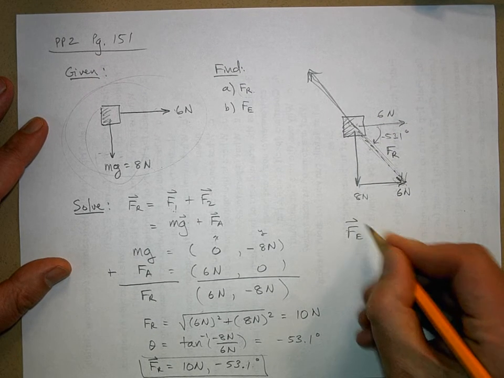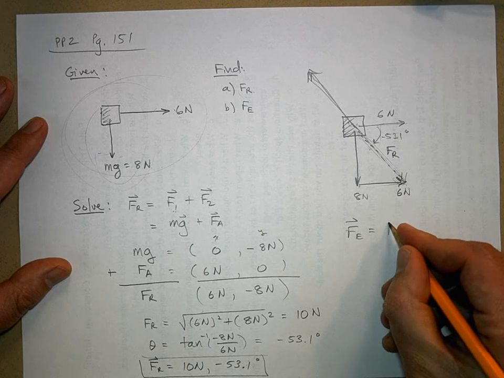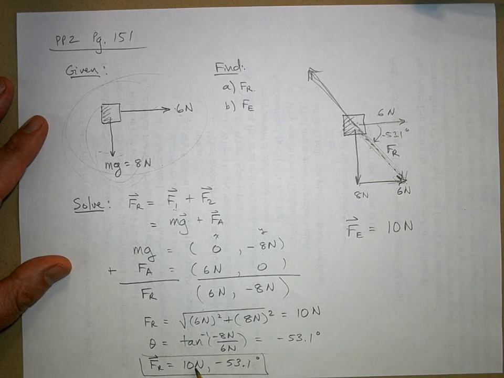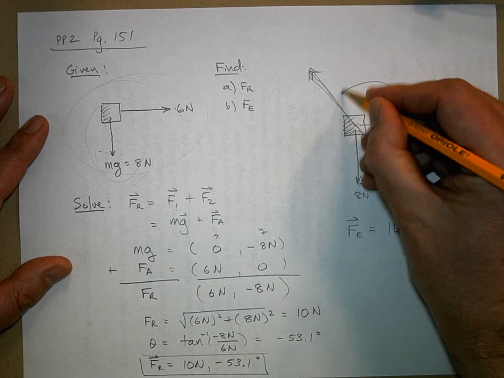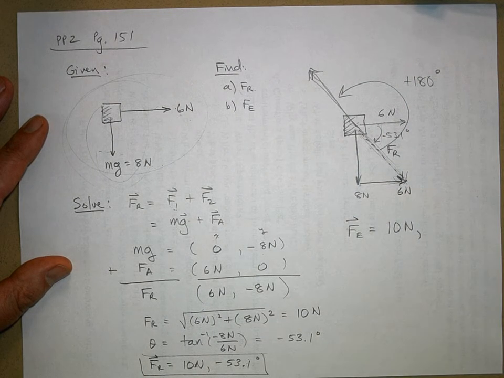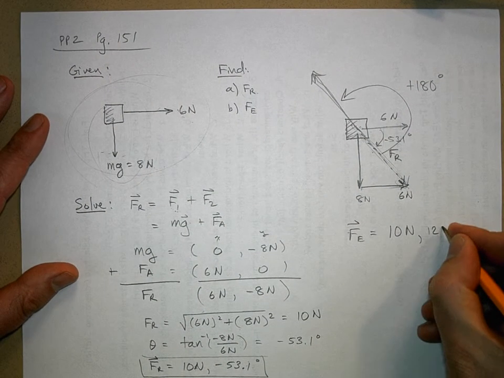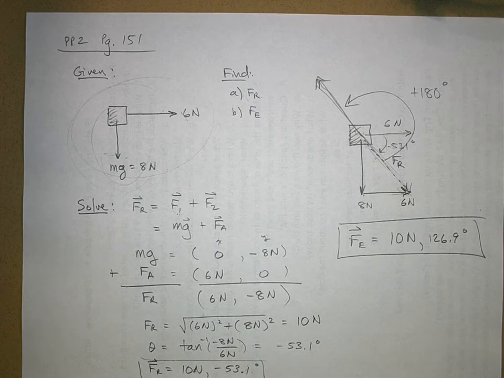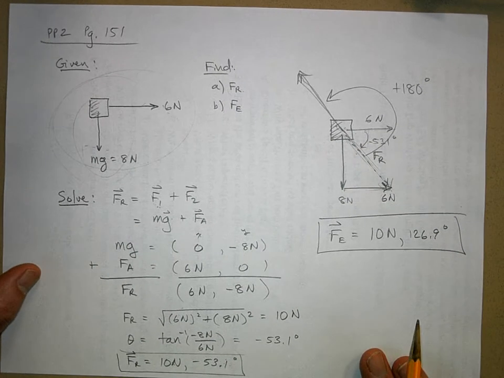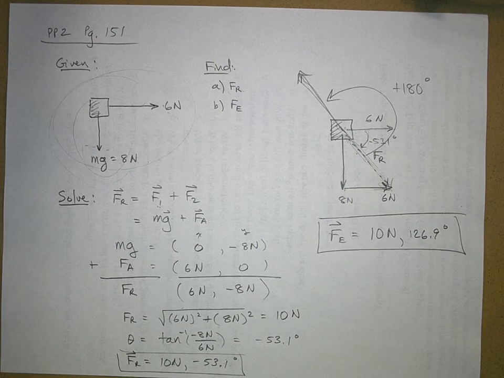The equilibrant force will have the same magnitude as the resultant force, but what angle does it have? What's the direction? You have to add 180 degrees, and that's all there is to it. So if you know the resultant force, figuring out the equilibrant force is pretty easy. And by the way, this is all very visual, isn't it? Drawing a picture of it will help you solve the problem. So, draw lots of pictures. That is all.